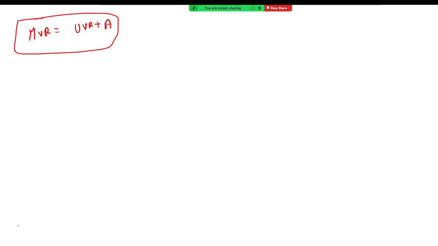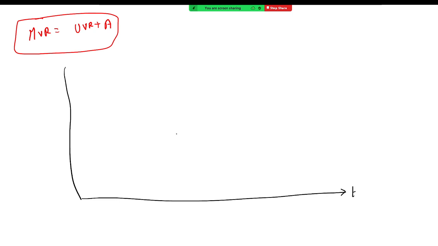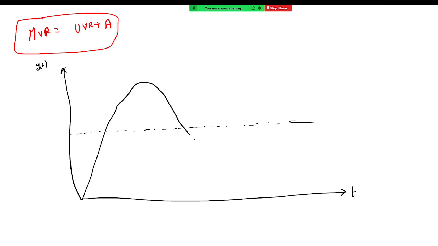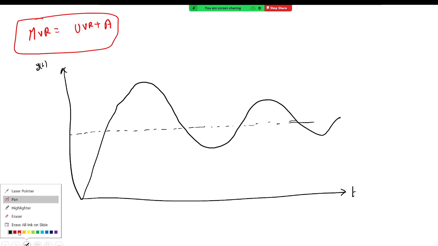Now, one very important observation here: let's say this axis is T and this one is YT. So let's say I am plotting curves over here.